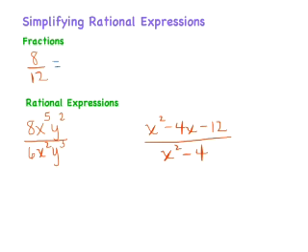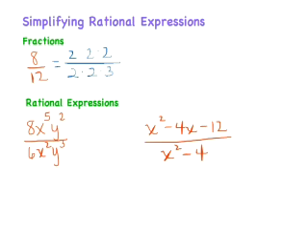So for example, 8 would be 2 times 2 times 2, and 12 would be 2 times 2 times 3. And so if you think of it this way, you can easily see that we have some common factors.